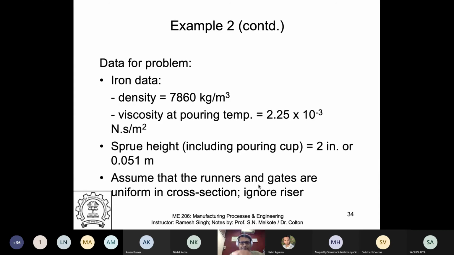The viscosity is 2.25, and sprue height is 0.51 meters or 2 inches. And you assume that runners and gates are uniform cross section. Riser you can ignore. How do you go ahead and do this problem? Can somebody tell me? What all do I need?